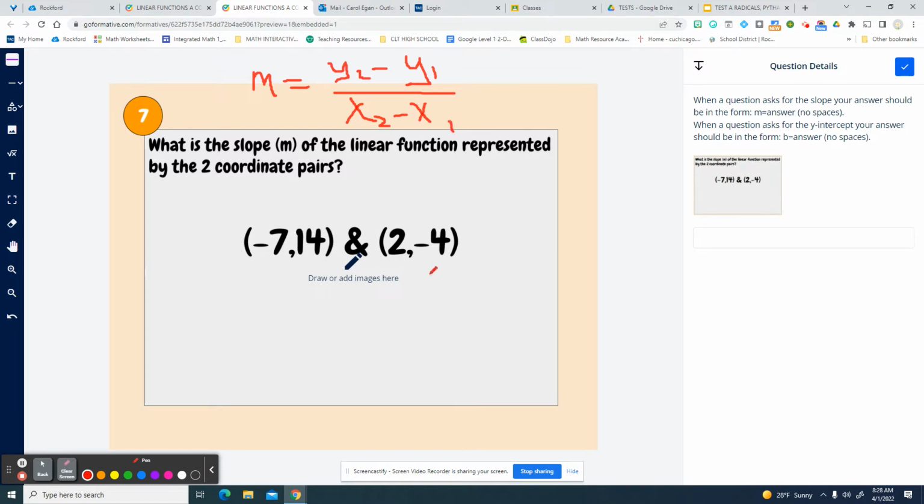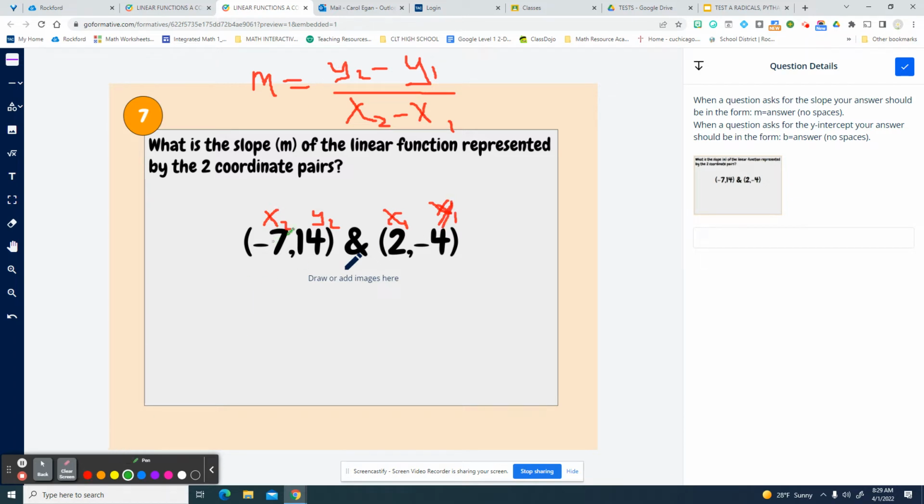And it doesn't matter which ones you decide as point 1, which ones you decide is point 2. Because y2 and x2 come first, I usually just use the first point for that, but you could do whichever you want. If you're struggling with this, I would say label your stuff. So we're going to use this as x2, this is y2, x1, and y1.